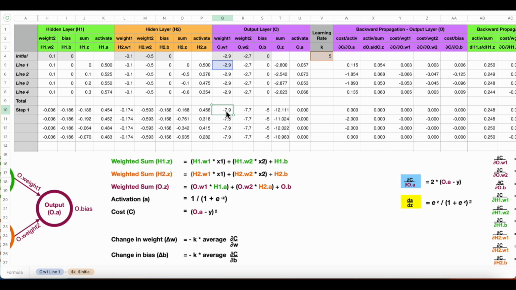And then we want to do the same thing for the output weight 1. So we're going to multiply that times the average of the cost with respect to output weight 1. And we can copy and paste that for weight 2 in the bias.